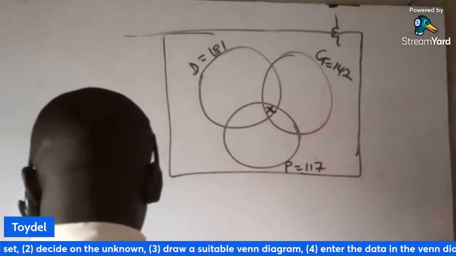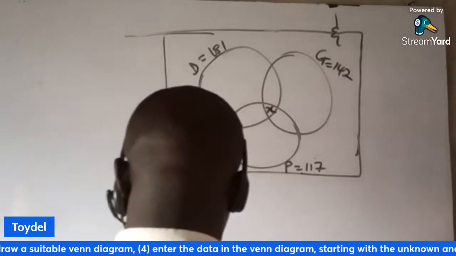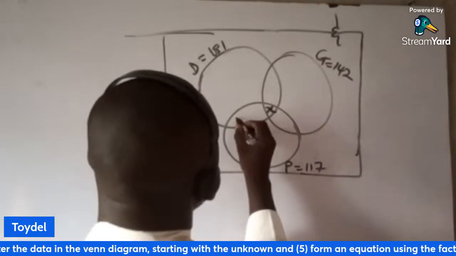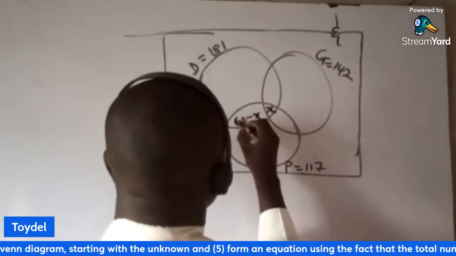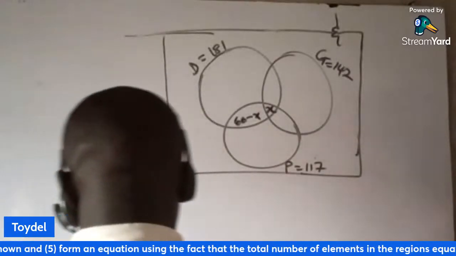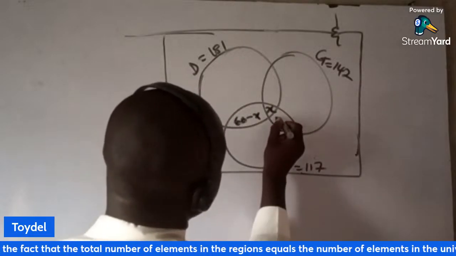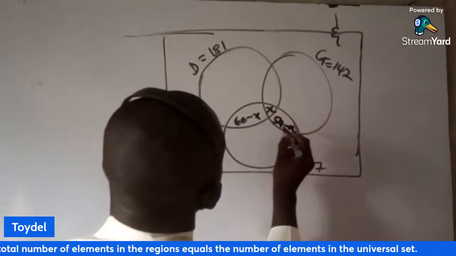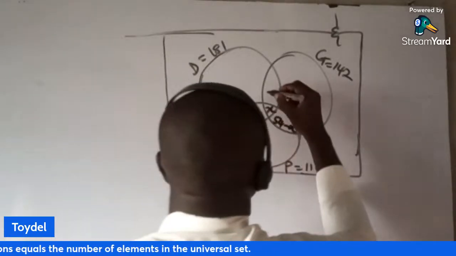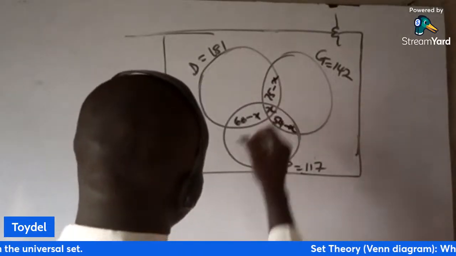We also know that 60 readers read Daily Times and Punch, so that will be 60 minus X. Guardian and Punch readers are 54, so this will be 54 minus X. Daily Times and Guardian readers are 75, so that will be 75 minus X, because we must take care of those that read the three papers.